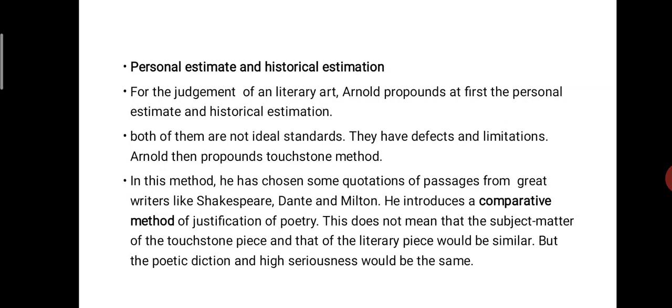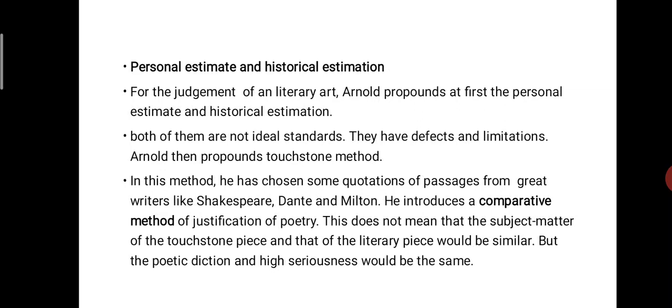Personal estimate means the evaluation on a personal level, and historical estimation means comparing other writers with the particular writer and giving a judgment or opinion about that estimation or evaluation. Both of them are not ideal standards. The personal estimate is not the ideal standard, and the historical estimation is also not the ideal standard. They have defects and limitations.